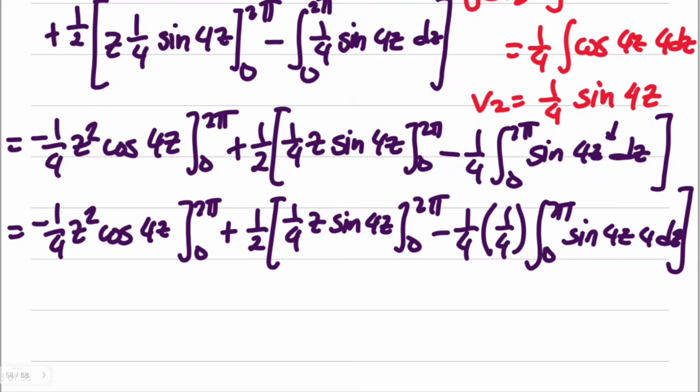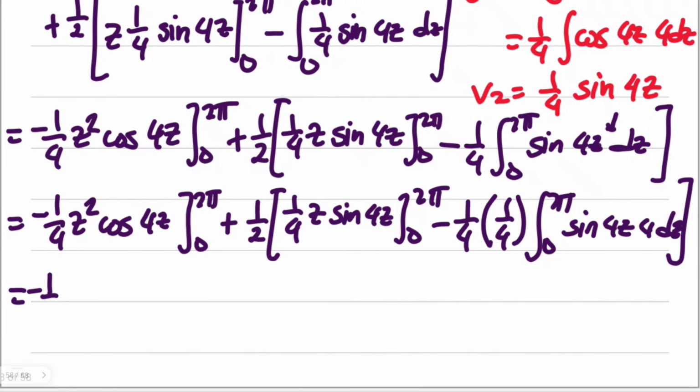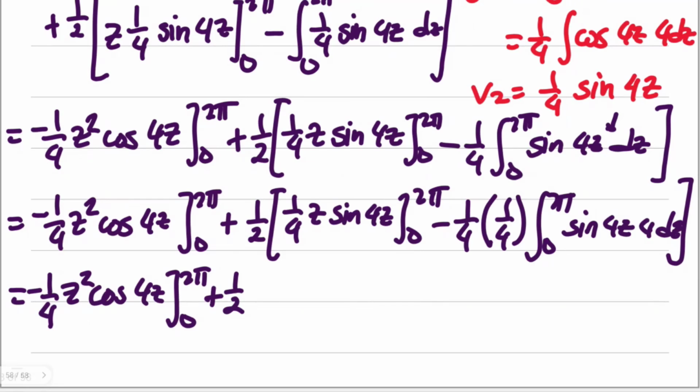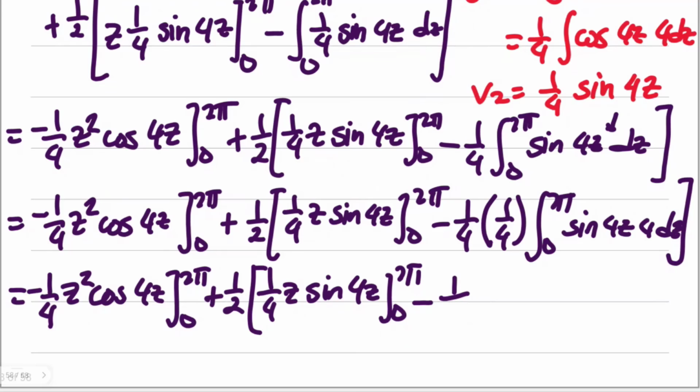Right? So this is negative 1/4 z squared cosine of 4z, still 0 to 2 pi, plus again a factor of 1/2 times 1/4 z sine of 4z, 0 to 2 pi. Then this becomes 1/16.